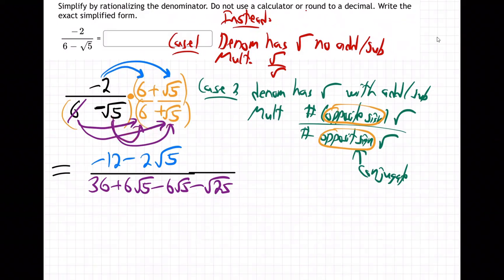Okay, what becomes of that? Well, what becomes of that is some good stuff. Look right here. On the top, nothing special is happening. On the bottom, see how these cancel? Because they're opposites. We have minus 6 root 5 and plus 6 root 5.